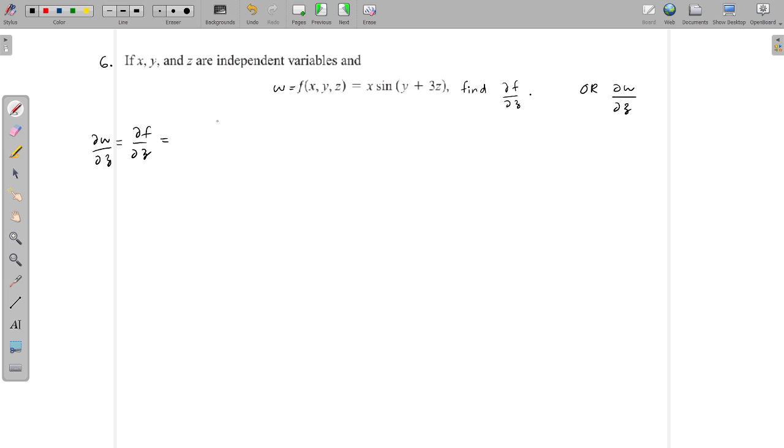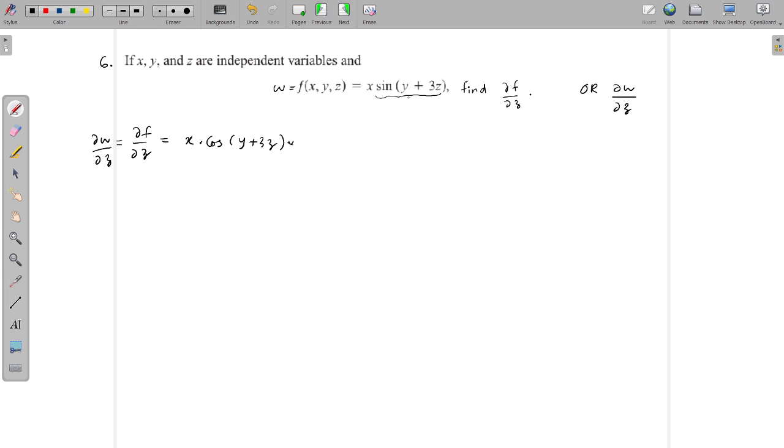Now you consider dou f by dou z. x is a constant, so you take x times the derivative of this function. The derivative of this part is cos of y plus 3z, and you should multiply this quantity with the derivative of y plus 3z.